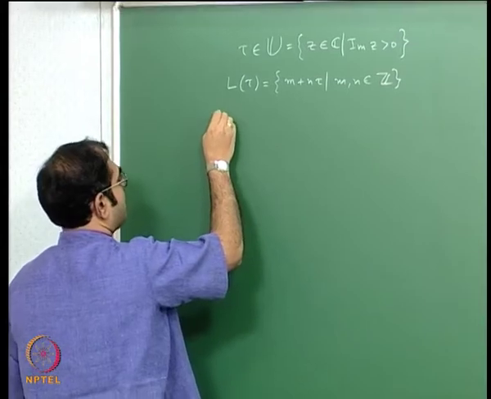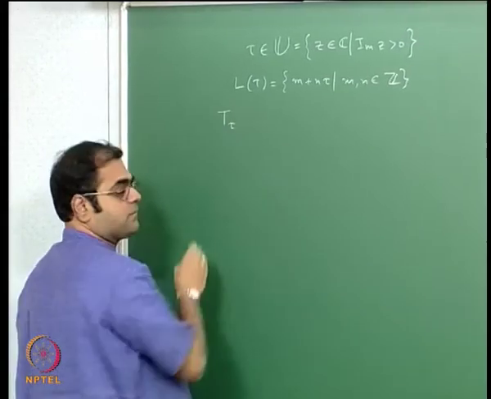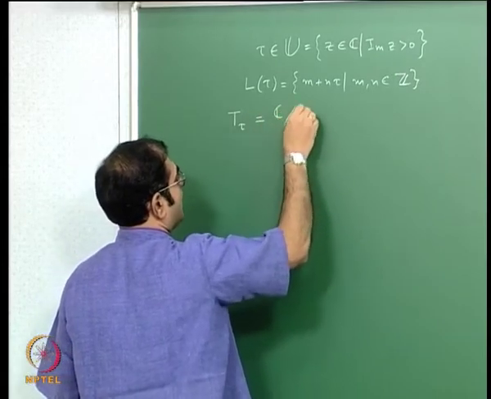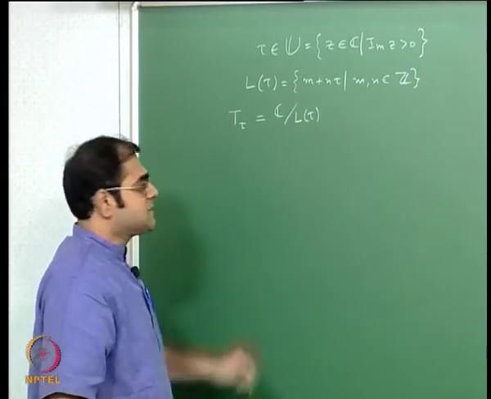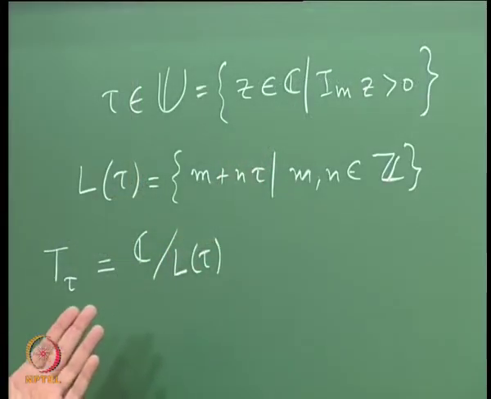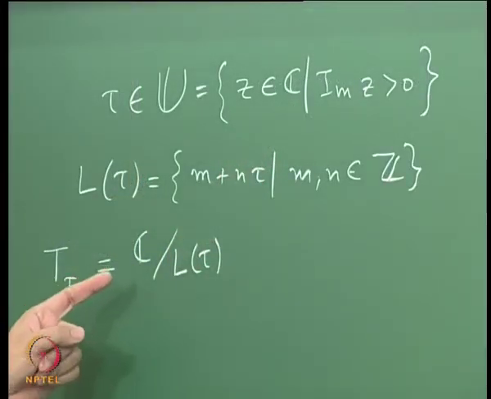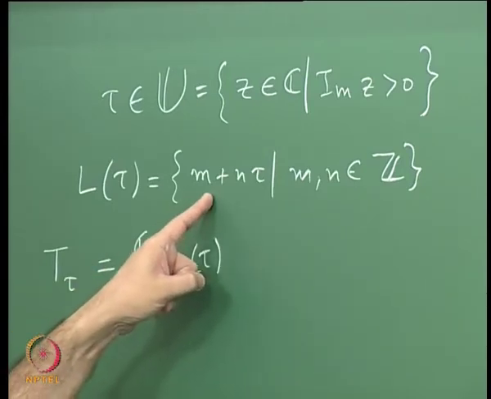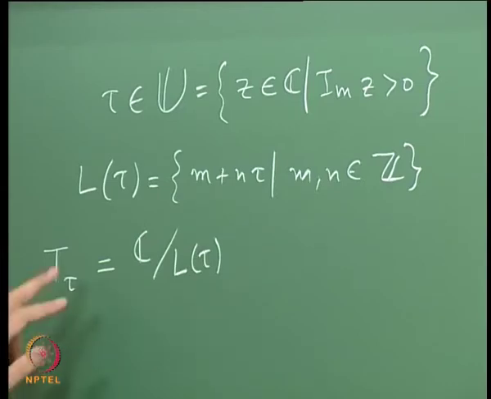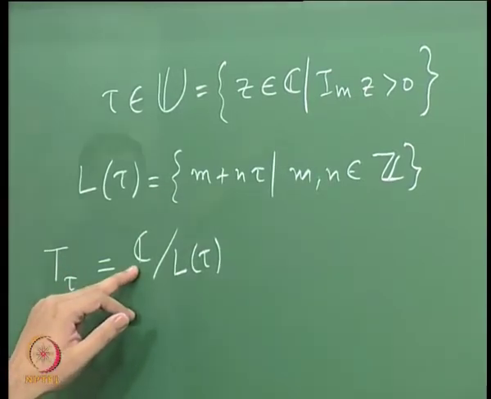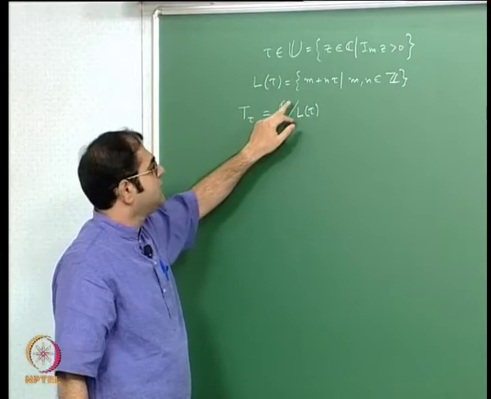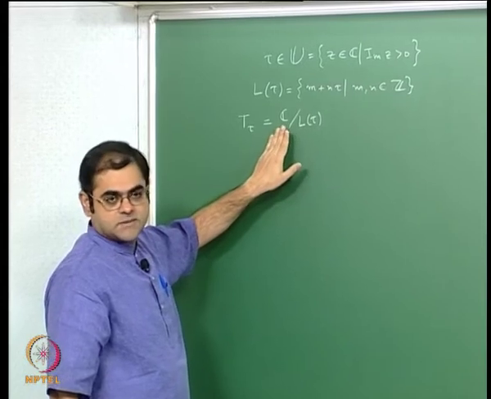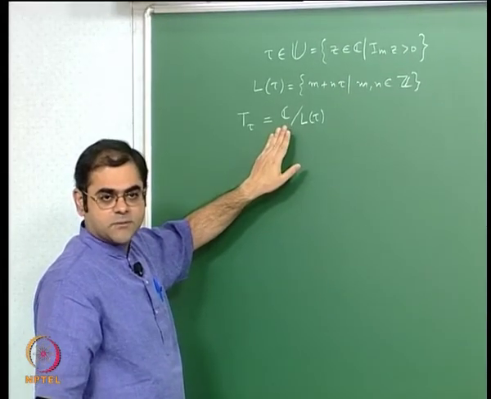Then we have the torus defined by tau, which is simply the complex plane modulo L tau, going modulo the equivalence relation given by translation by an element of L tau. In other words, two complex numbers are said to be related if one is a translate of the other by an element of L tau, and this is the associated complex one dimensional torus.